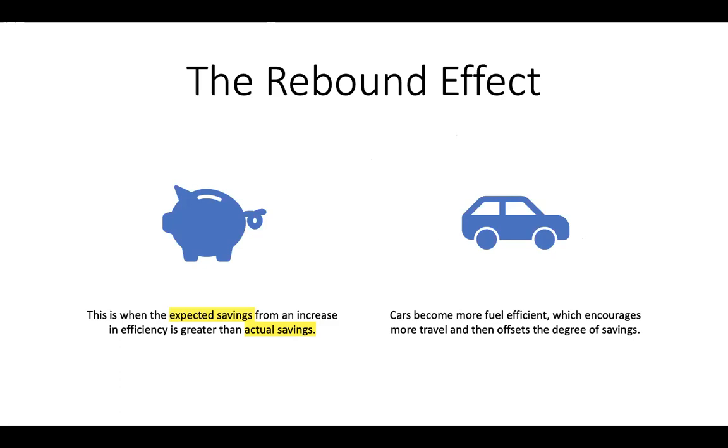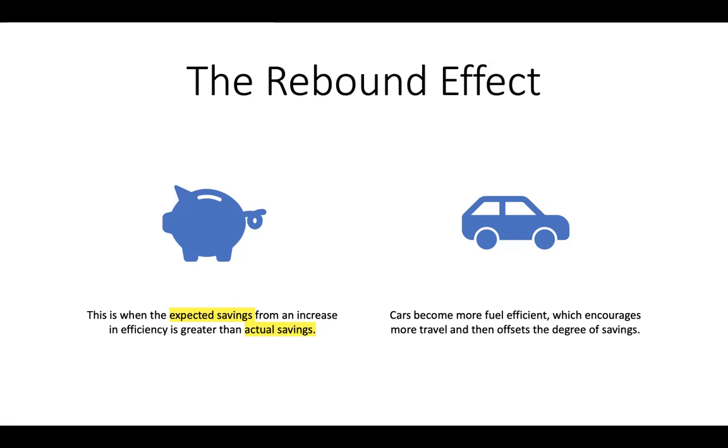The other name of this paradox is the rebound effect. It's a similar idea, but it's a more numerical, analytical perspective. This is when the expected savings from the increase in efficiency is greater than the actualized savings.